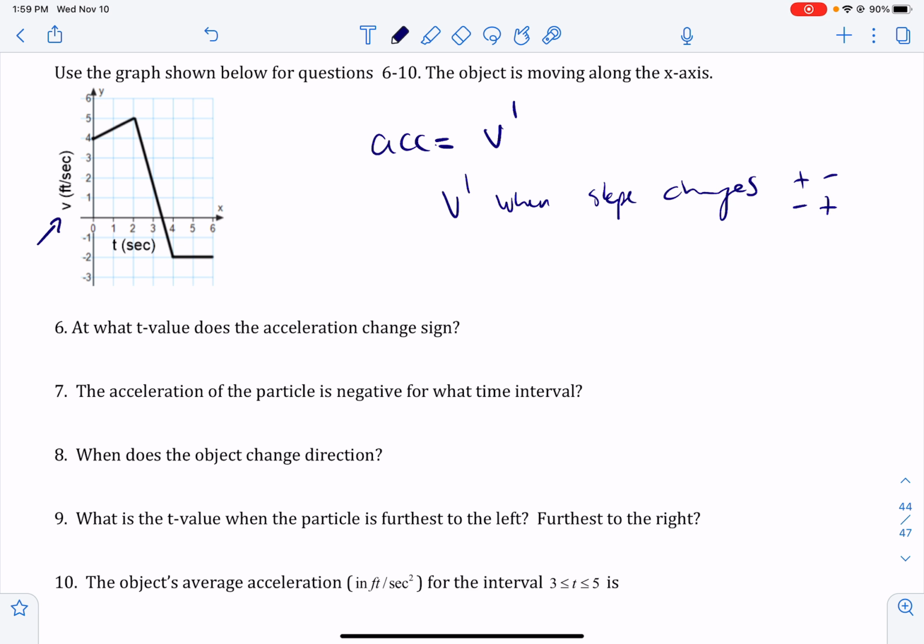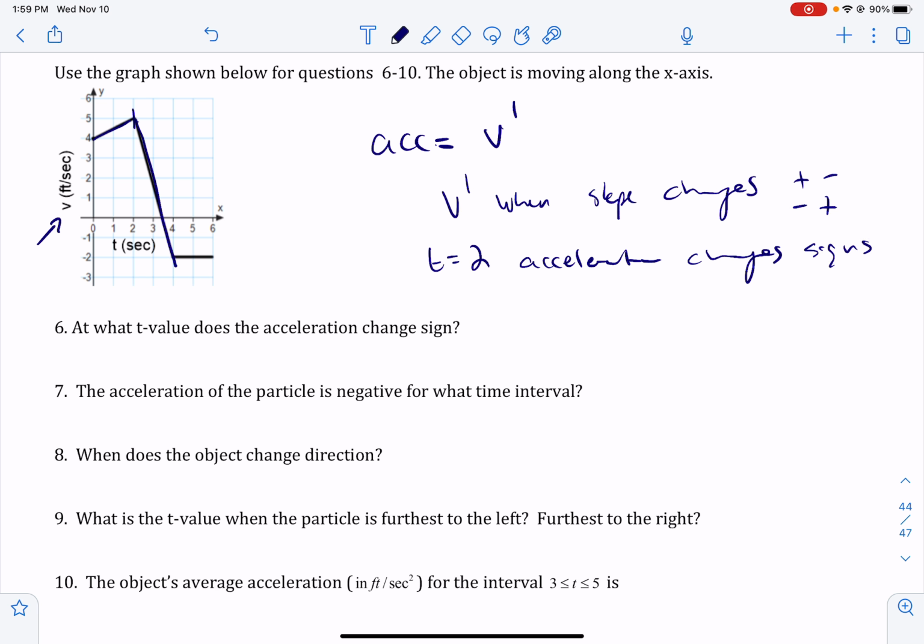So if I look at my picture, my slope is going up until I hit 2, and then I have a negative slope. So at t equals 2, my acceleration changes signs because my slope changes.